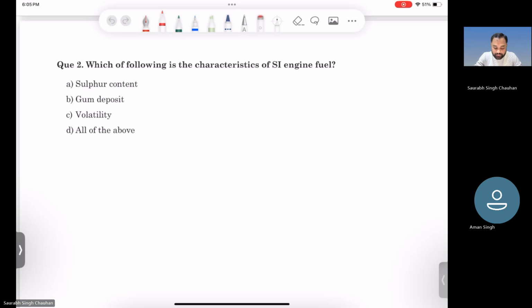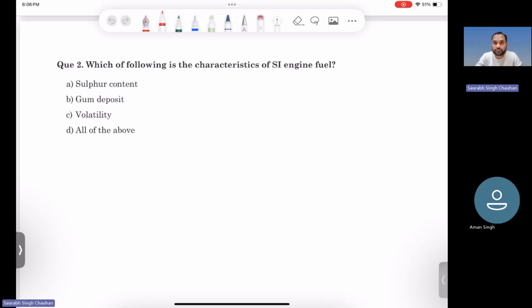Question number 2: which of the following is the characteristic of CI engine fuel? Sorry, SI engine fuel, spark ignition engine fuel. There are 4 options: sulfur content, gum deposition, volatility, or all of the above. I hope you can easily answer this question.